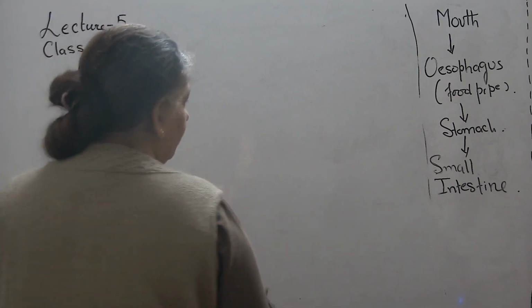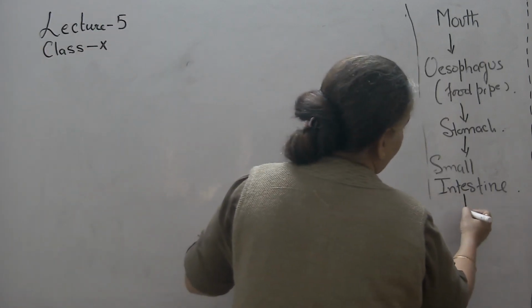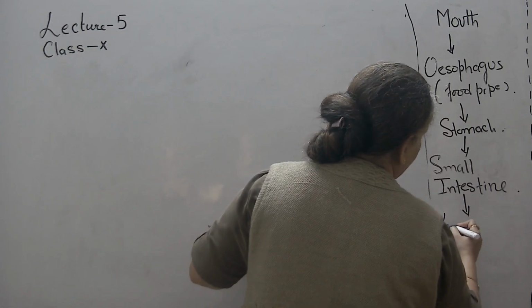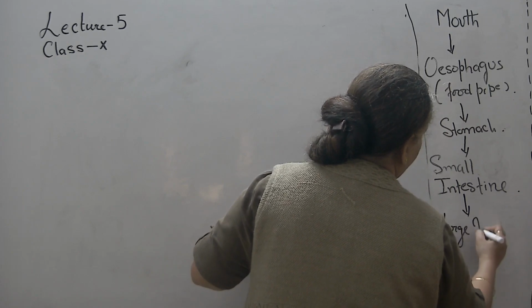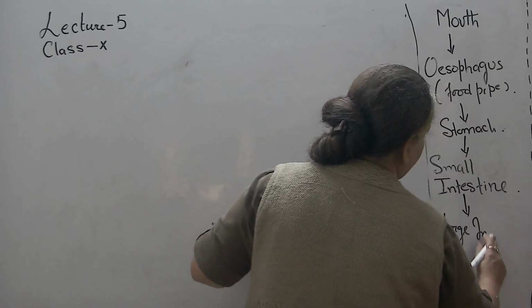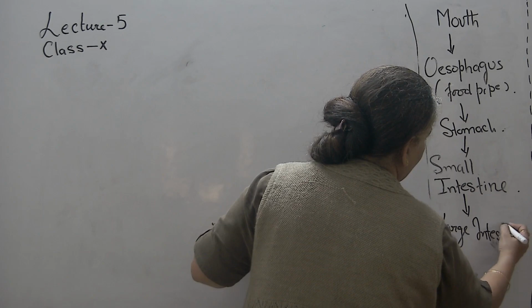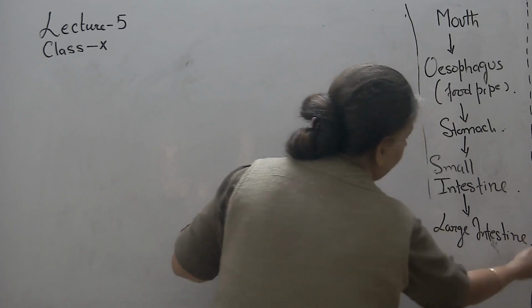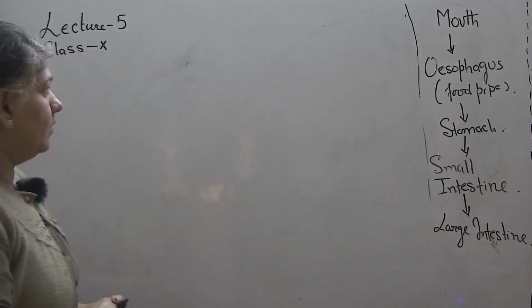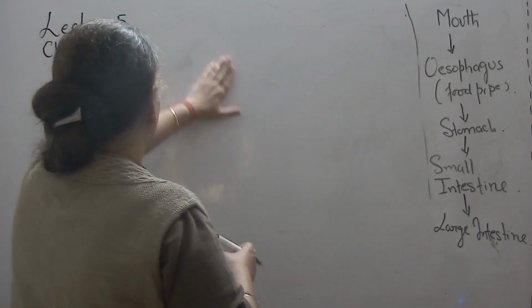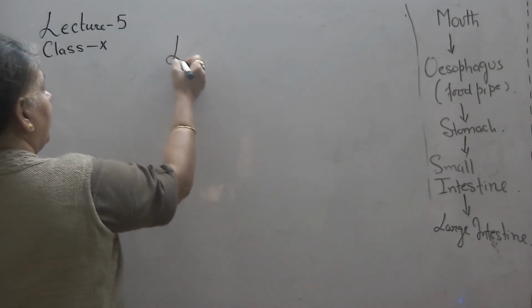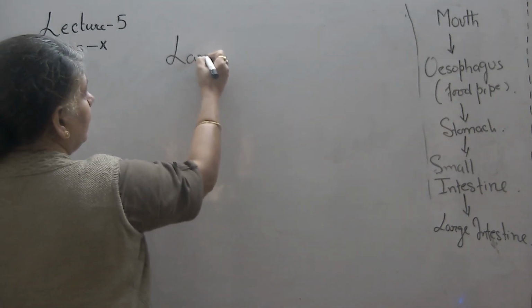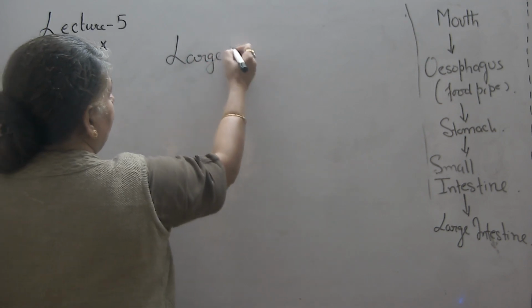So now the food from the small intestine enters the large intestine. So let's see what happens in the large intestine.